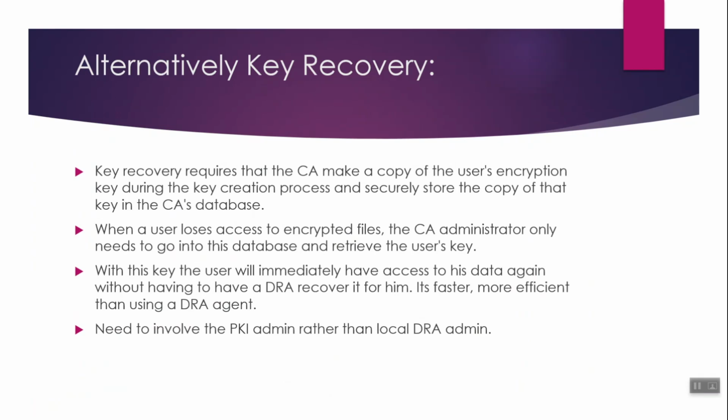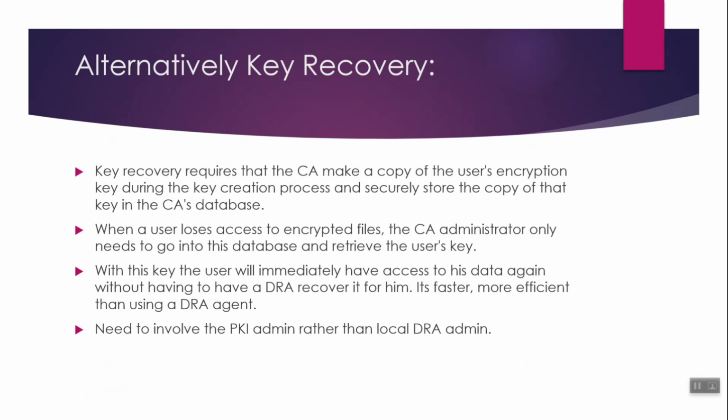Sounds very rosy. But the only challenge here is, let's just say the user has 10,000 files on his device. All those 10,000 files were encrypted by the EFS, and the EFS was encrypted by the user's RSA. Now the RSA goes missing. Now the end user has to go to the DRA. He has to take all those 10,000 files with him and give them to the DRA.